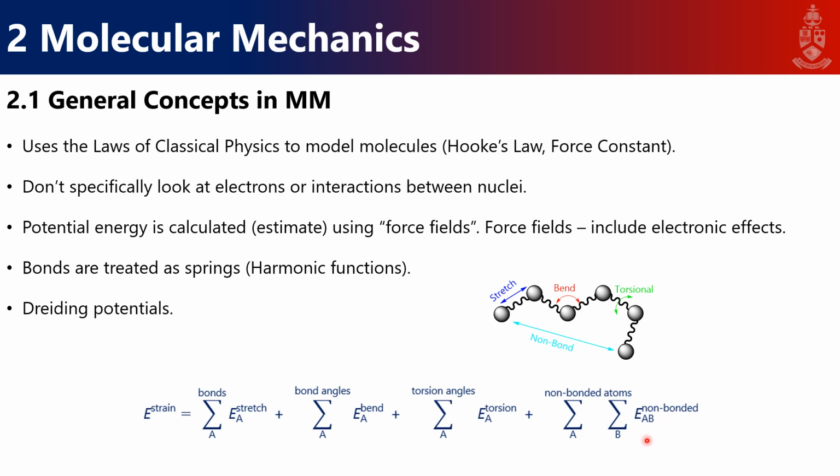And then non-bonded interactions. For example, this one is also non-bonded to that one, to that one, to that one. That's why there's a double sum. Double sums tend to overestimate, but okay, don't worry about that. So you just need to take this equation as, cool, it's just a combination of a bunch of terms.